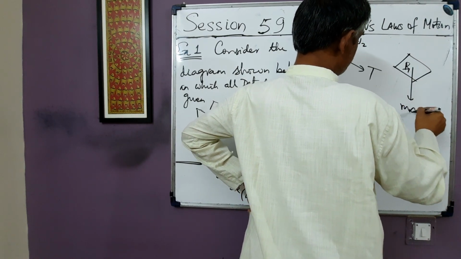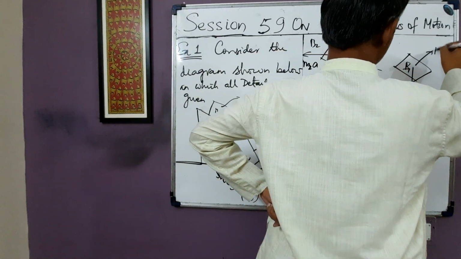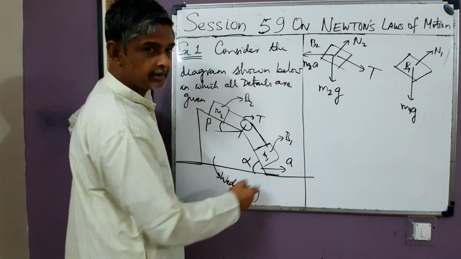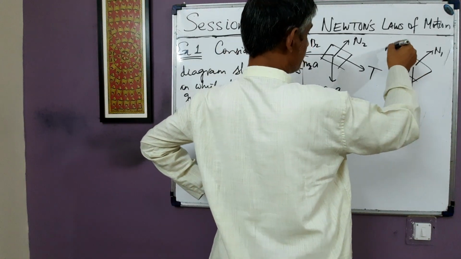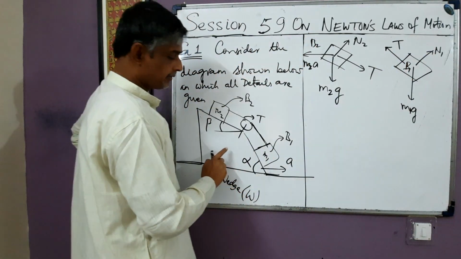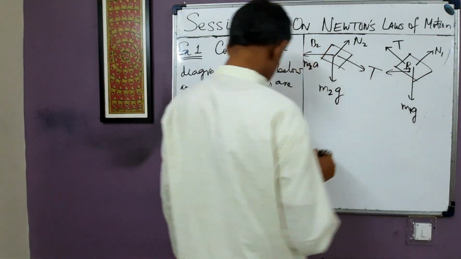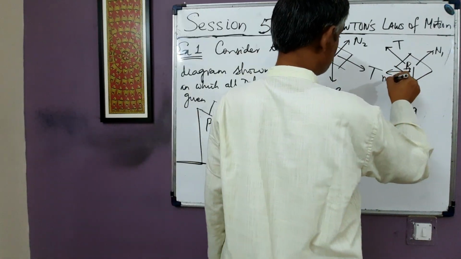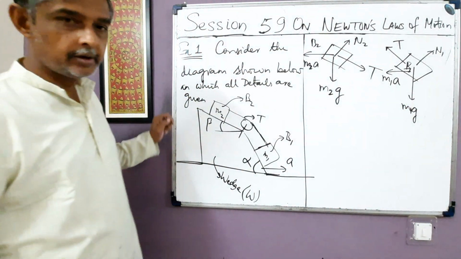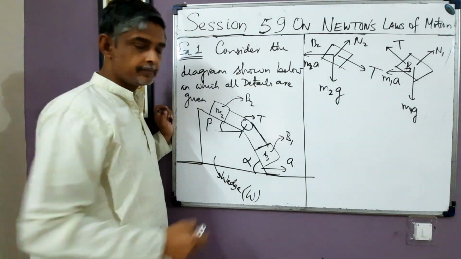A real force M1g acts on it in downward direction. The wedge exerts a normal force N1 on the block B1, normal to this inclined face. The string exerts a tension T on the block B1 up the incline, and the wedge is a translating non-inertial reference frame, so a pseudo force M1a acts on it towards left. So these are the two FBDs of these two bodies with respect to the wedge.